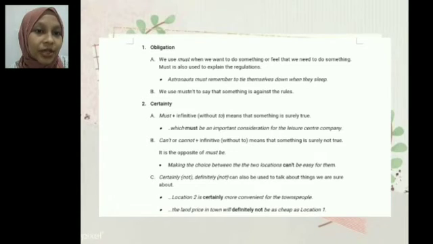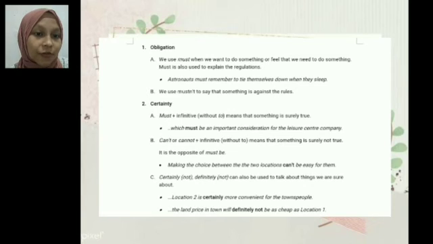Must plus infinitive without to means that something is surely true. The example is which must be an important consideration for the leisure center company. Cannot plus infinitive without to means that something is surely not true. It is the opposite of must be. The example is making the choice between the two locations cannot be easy for them.